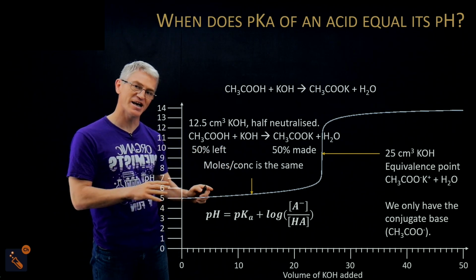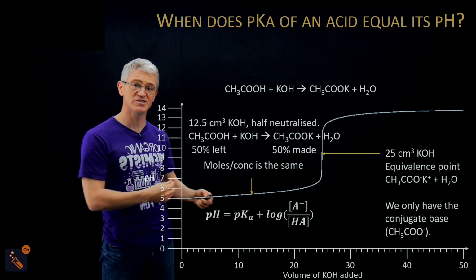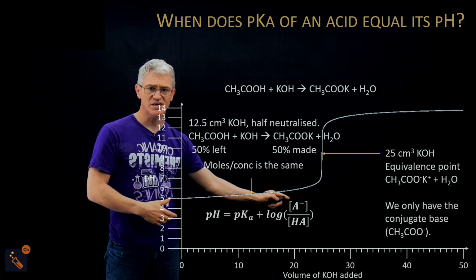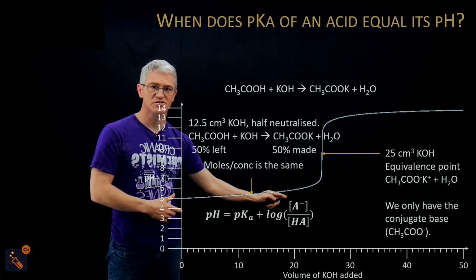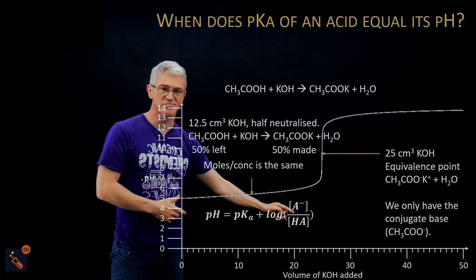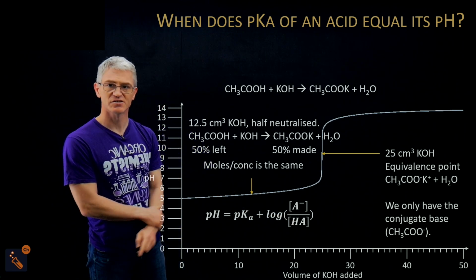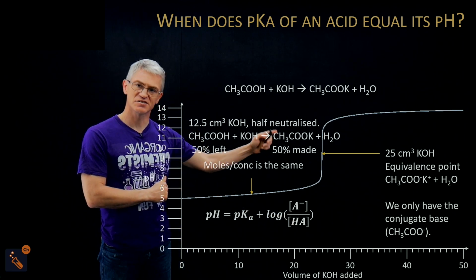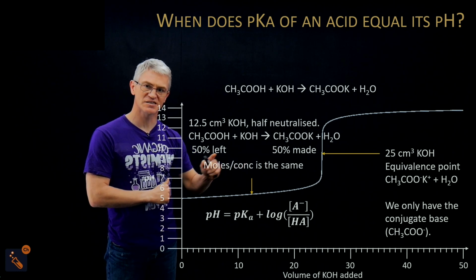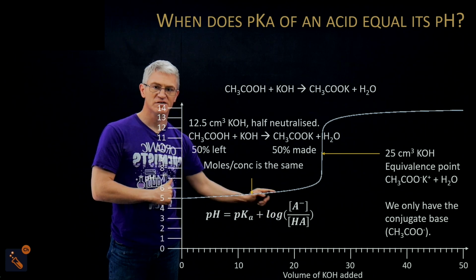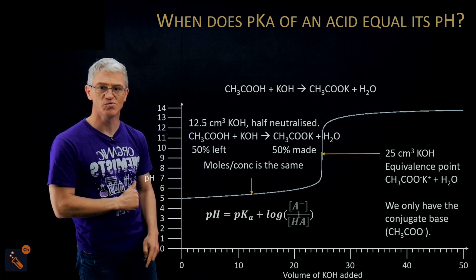Now, in the Henderson-Hasselbalch equation, which is just a combination of pH and a Ka equation, if you look here, you can see that it's got the conjugate base A minus and the weak acid there. Well, that means this is the weak acid, this is the conjugate base. We've just said they're the same number. If they're the same number, then dividing the same number into each other equals the number 1.